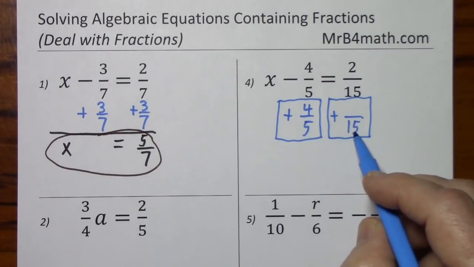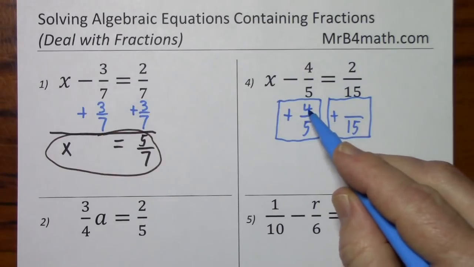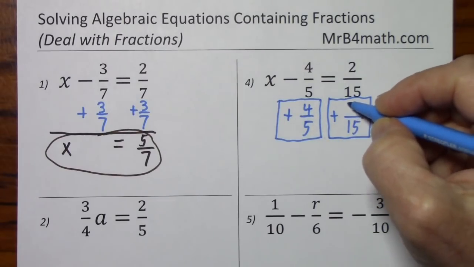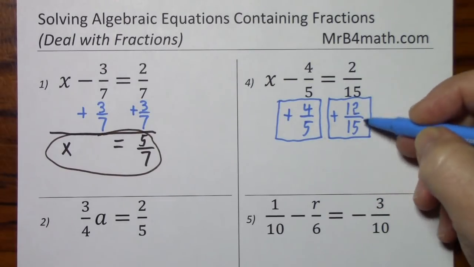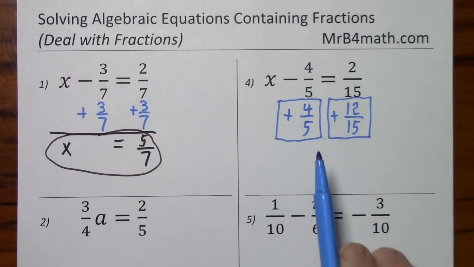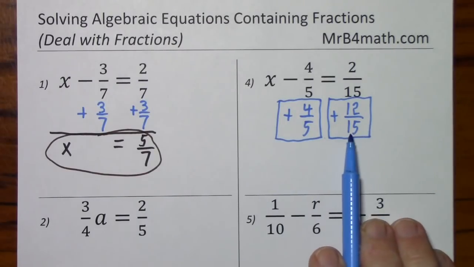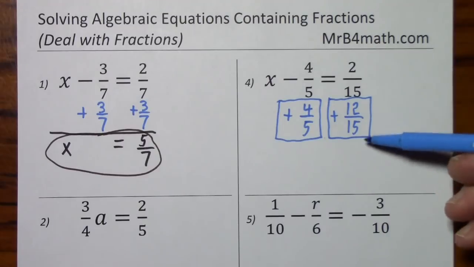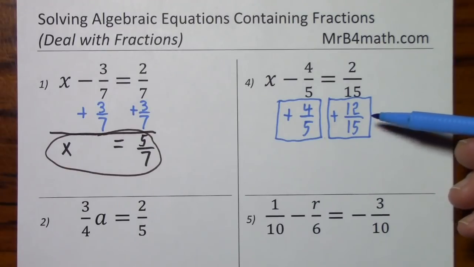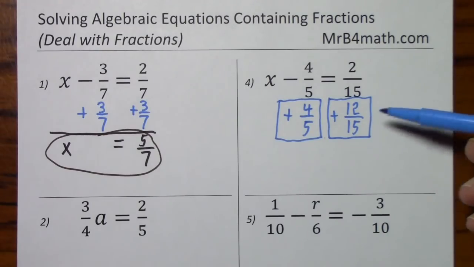So to get from 5 to 15, I multiply by 3, multiply by 3. Now I have common denominators. And essentially, I added 4/5. This just looks different, but that's the value. This would simplify to 4/5.